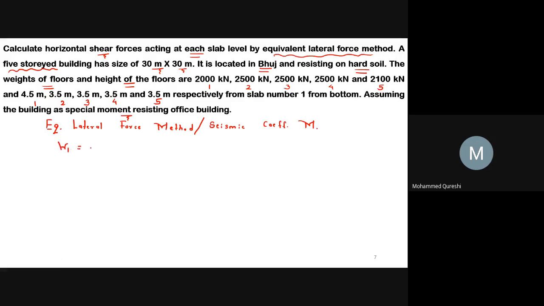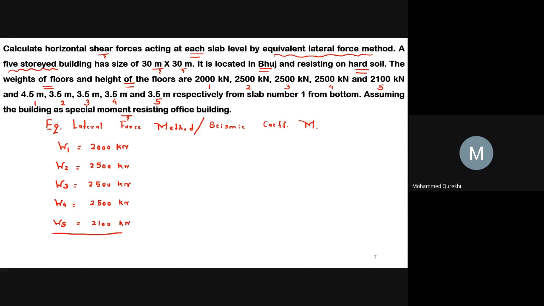So W1 equals 2000 kilonewton, W2 equals 2500 kilonewton, W3 equals 2500 kilonewton, W4 equals the same 2500 kilonewton, W5 equals 2100 kilonewton.